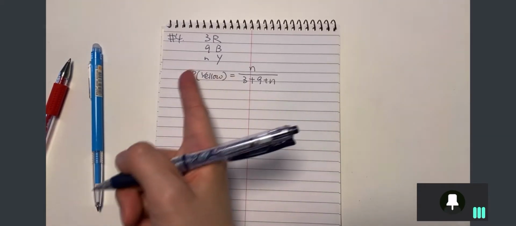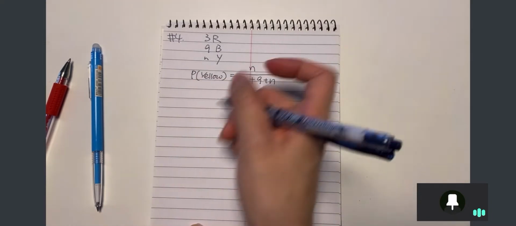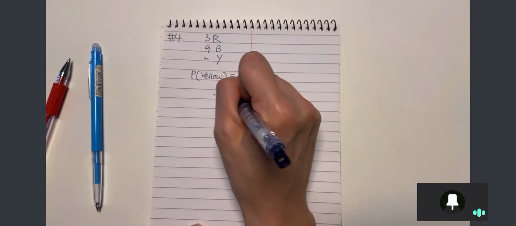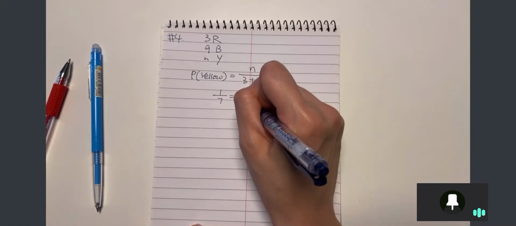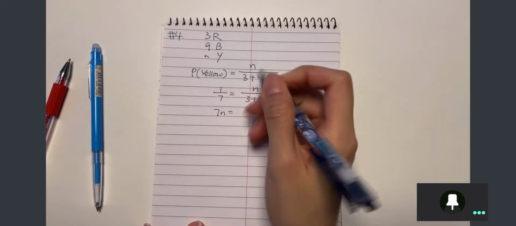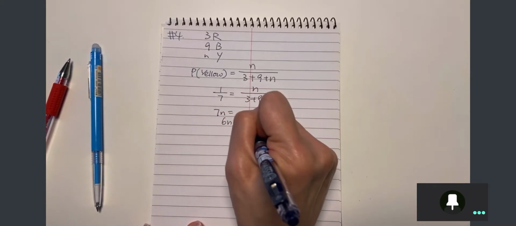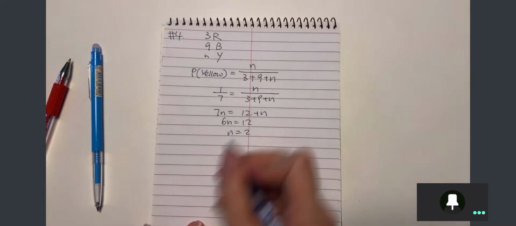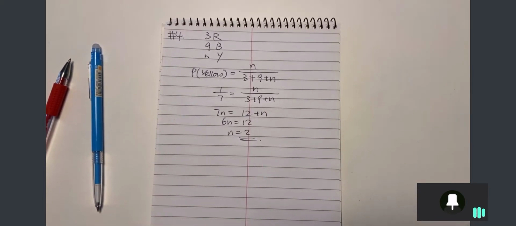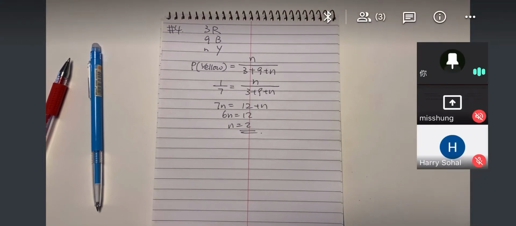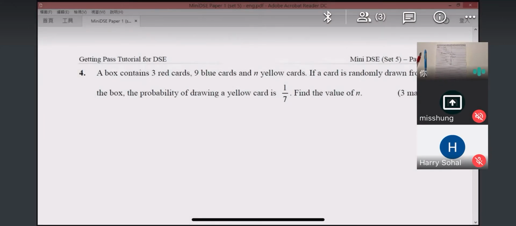And then in the question, given that the probability of getting a yellow card is 1 over 7, 1 over 7 is equal to the expression given, like this. And then you can easily solve the equation, right? N equal 2. That's why it's only 3 marks. Okay, number 5.